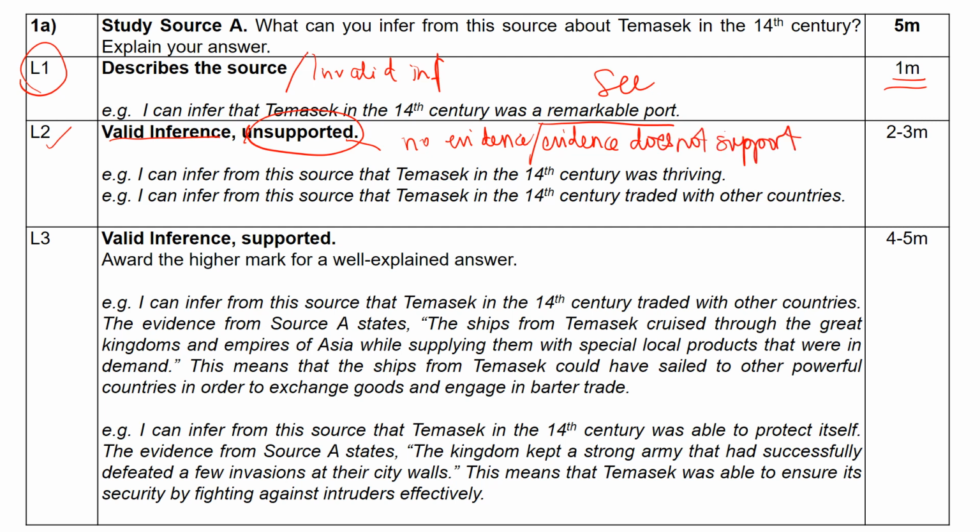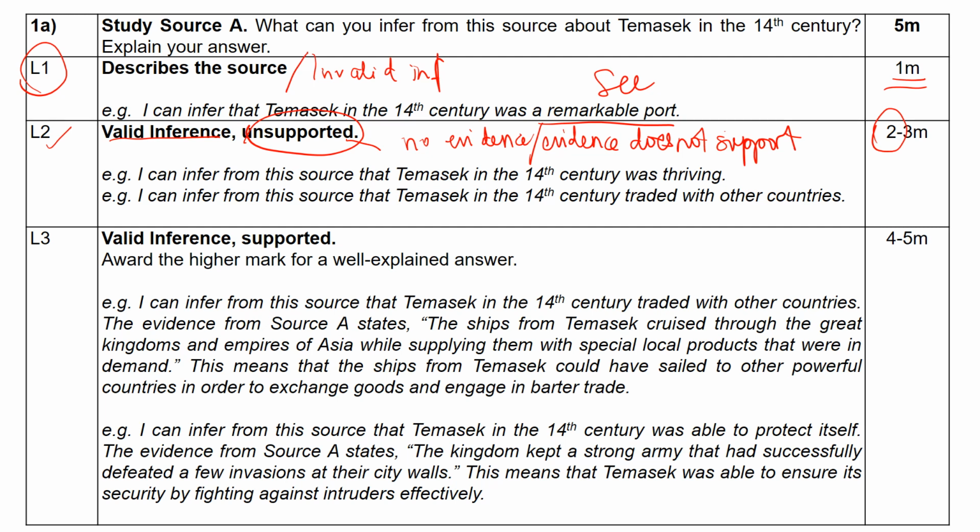Even though you might have given evidence, if what you think and what you see don't match, then you're not going to get above the L2. Your evidence must be linked to your inference. In which case, most of you would have gotten 2 marks.